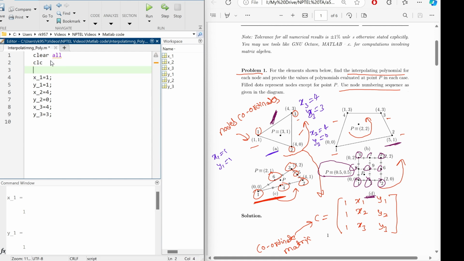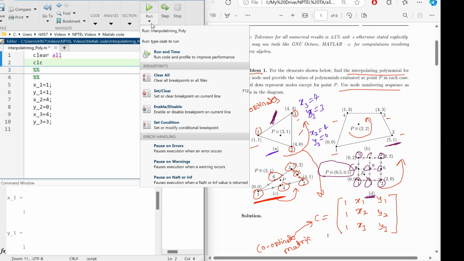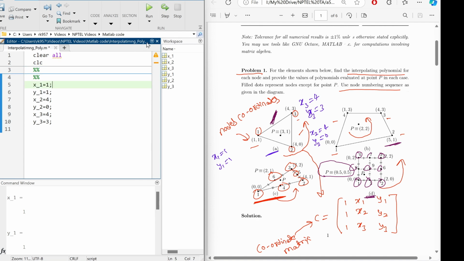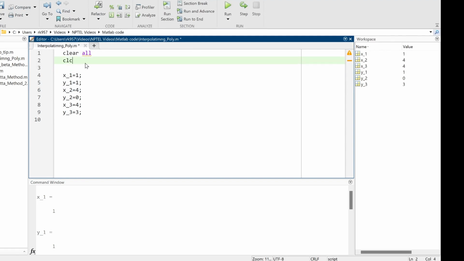Okay, so for example, we want to run section-wise. If I run section-wise, it means this section I'm going to run. For example, I want to run this section.